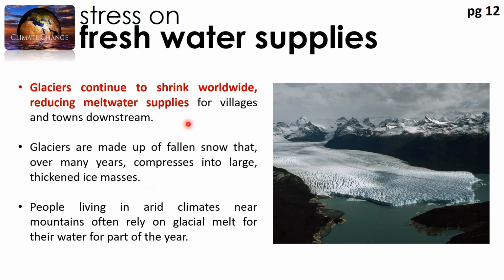In the summer they will melt, so meltwater from glaciers will supply fresh water to villages and towns that are downstream to these glaciers. So people living in arid climates near mountains often rely on glacial melt for part of the year. And since global warming will cause glaciers to shrink worldwide, this reduces meltwater supplies for these villages and towns.